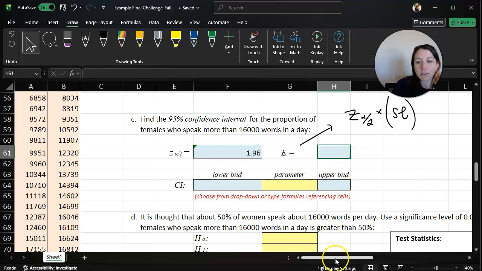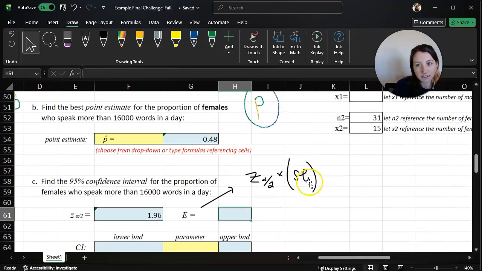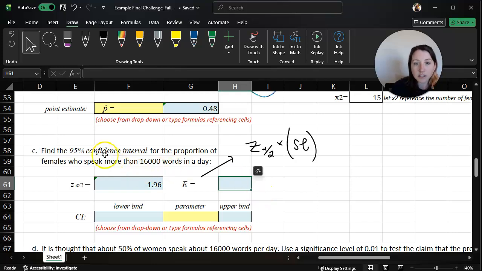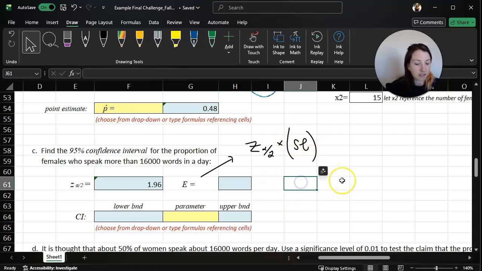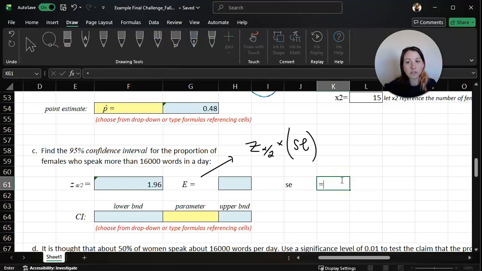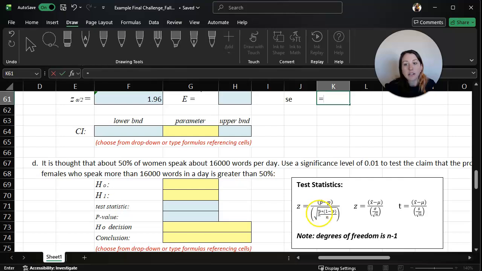Alrighty. Now, with our standard error, as a reminder, I put down here, these are our test statistics. And so our standard error when we're running confidence intervals, we do want to use the sample proportion. So here, when we calculate the standard error, I'm going to come here. We can type equals, and again, we're looking at the square root of p times 1 minus p divided by n.